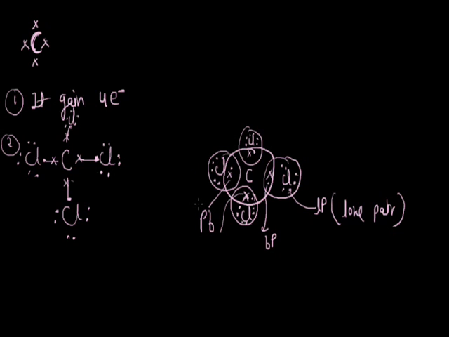A bond pair means a pair of electrons that is involved in bond formation. So this is the molecule CCl4, that is carbon tetrachloride. In this example, carbon and Cl both complete their octet by sharing of electrons.